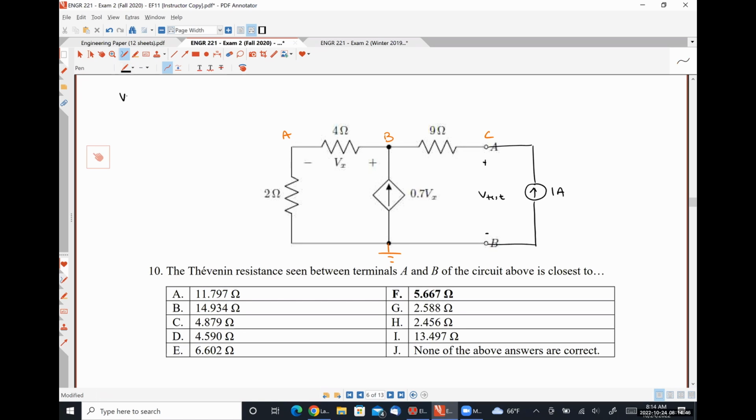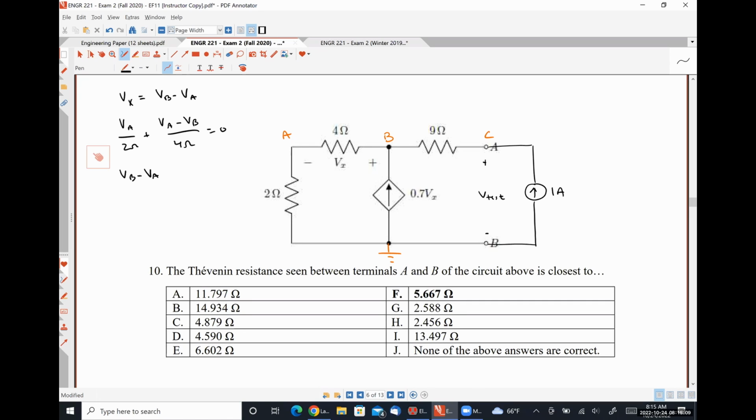So Vx is just equal to Vb minus Va. Then I will have Va over 2 plus Va minus Vb over 4 is equal to 0.